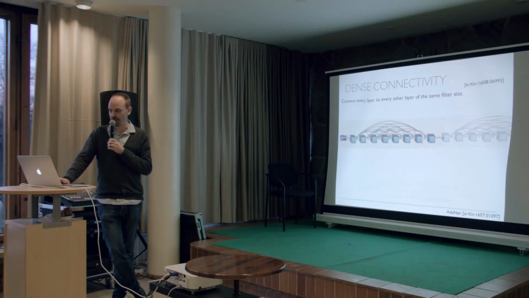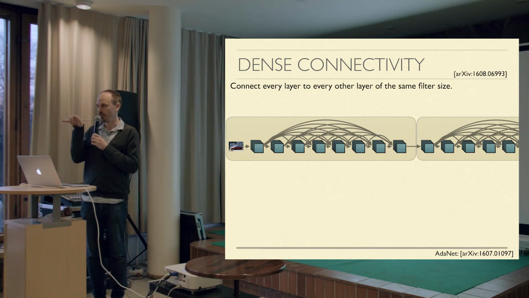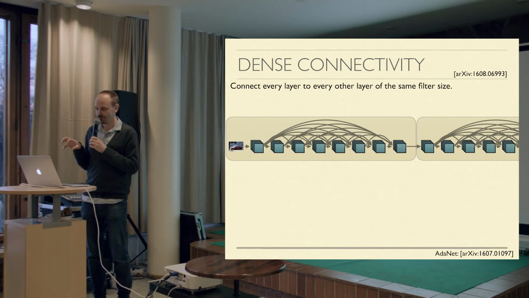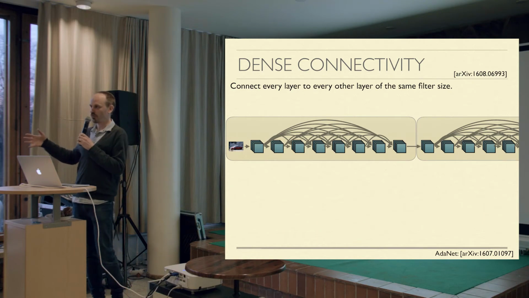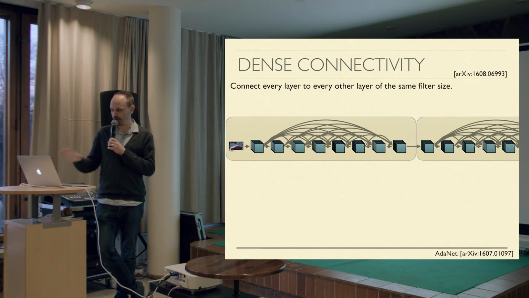Actually, because we might want to also change the size of the layers in between, we divide the entire network into blocks where the dimensions don't change. Within each of these blocks we connect all of the layers, and between different blocks we only have one connection.